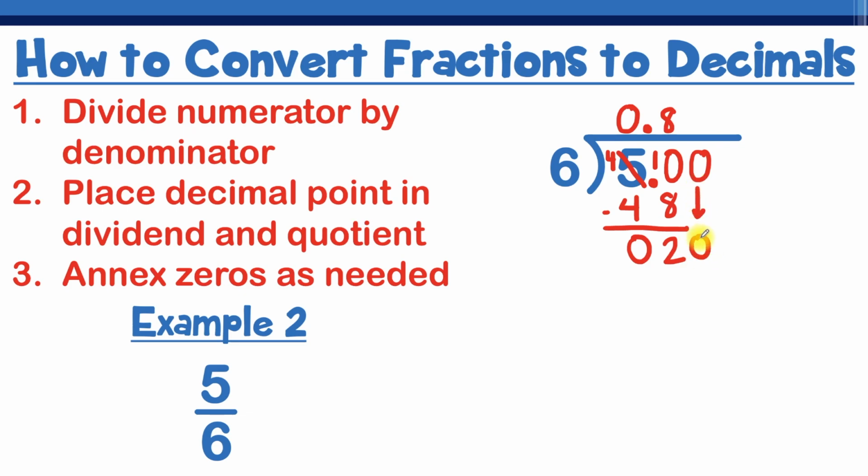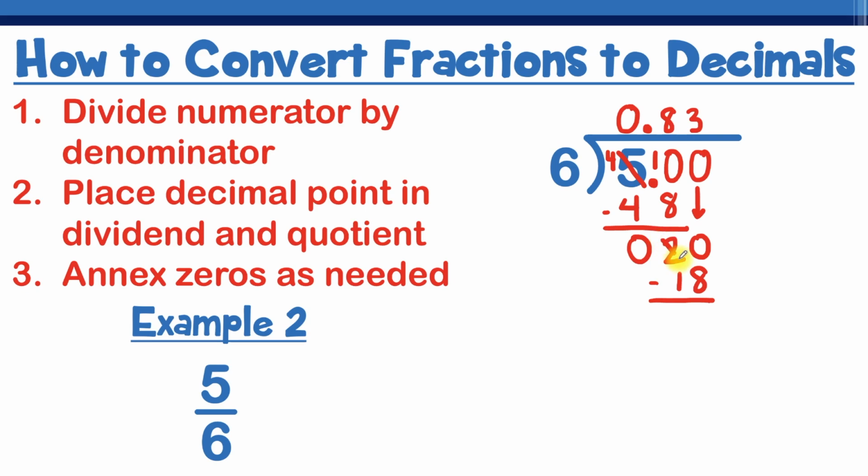So now we're going to do the same thing, but now we'll see how many times 6 can go into 20. And that would be 3 times. So we'll write 3 above the 0, because 3 times 6 is 18. So I'll write that here, put the subtraction symbol, and then when we subtract, we're gonna have to borrow.